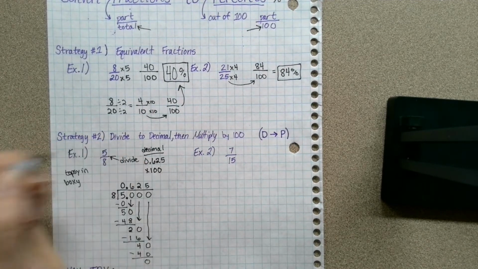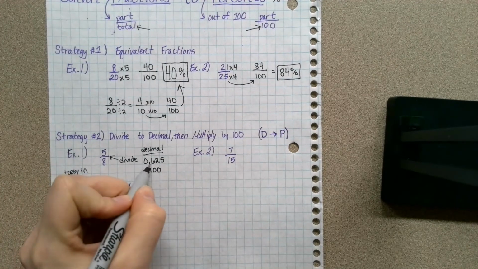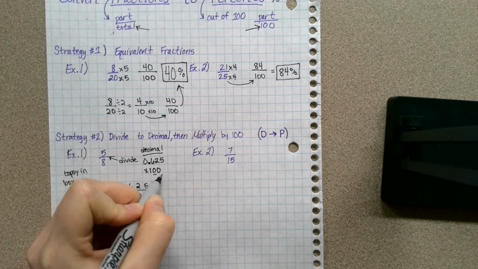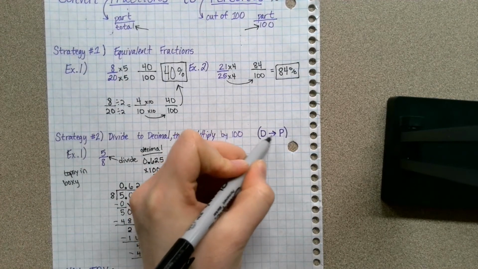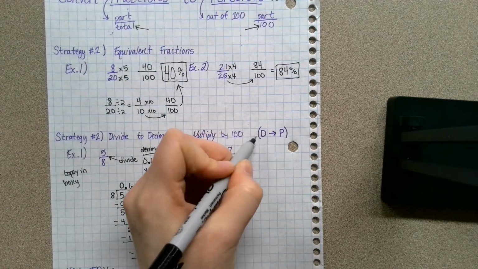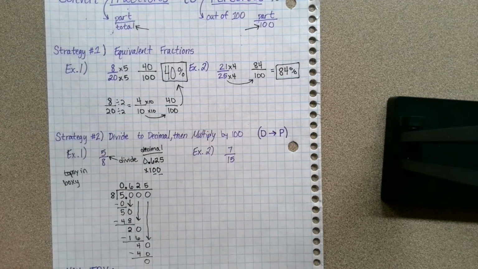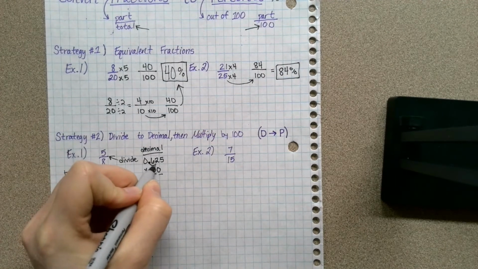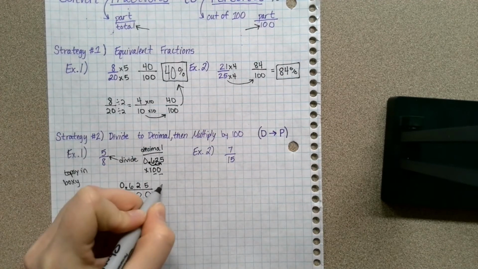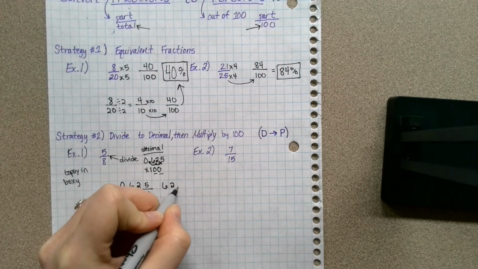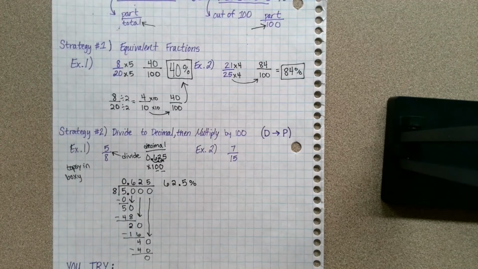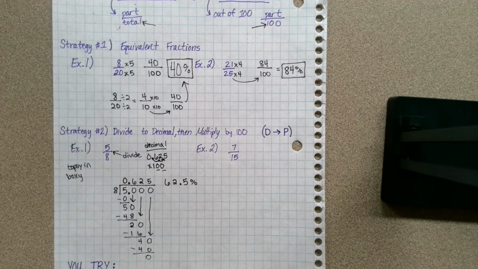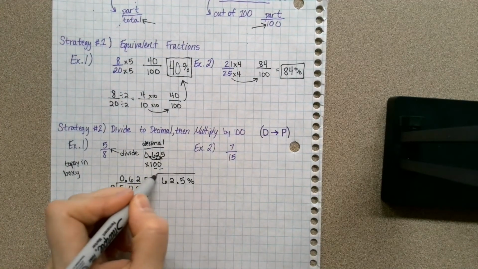When we multiply by 100, it's moving our decimal point 2 places, 1 for each 0, to the right. As you can see here, decimal to percent, alphabetical, 1, 2. So it'll go 1, 2 over, giving us a percent of 62.5%. So then this would be our answer.